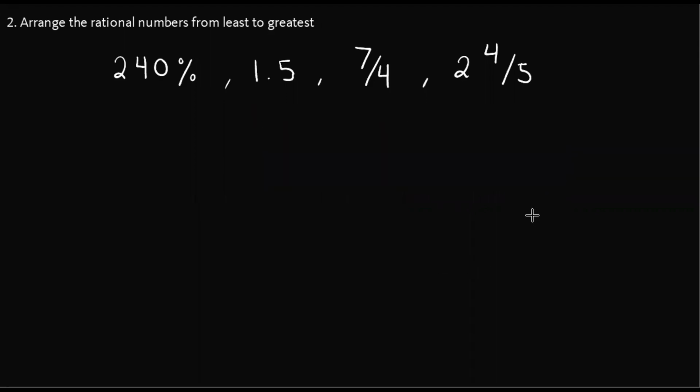So we have 240%, which would simply be moved 2 decimal places. So this one would be 2.40 or simply 2.4. For 1.5, simply bring it down. For 7/4, what we can do is convert this improper fraction into its mixed form.